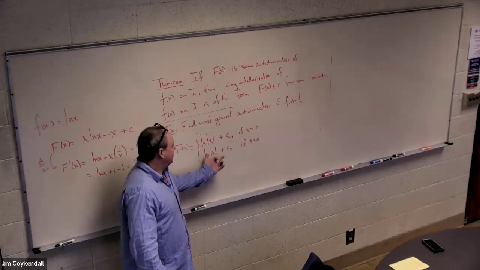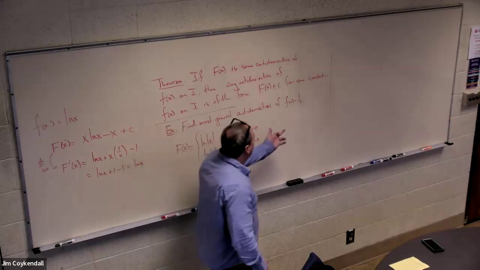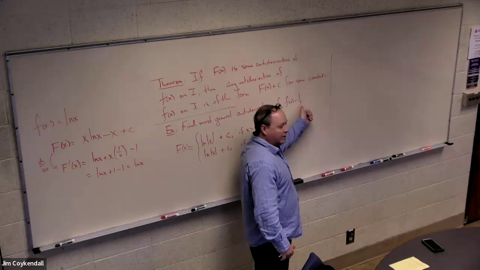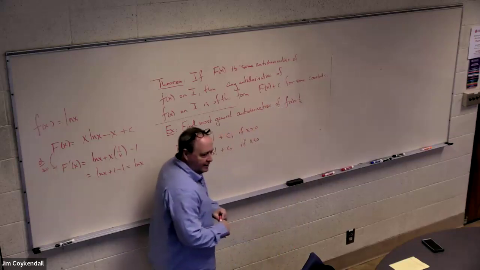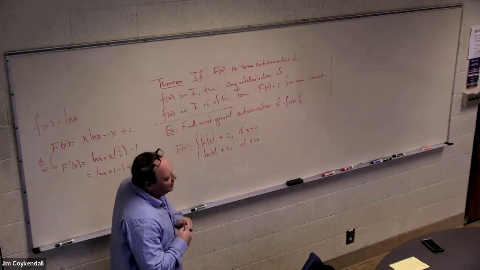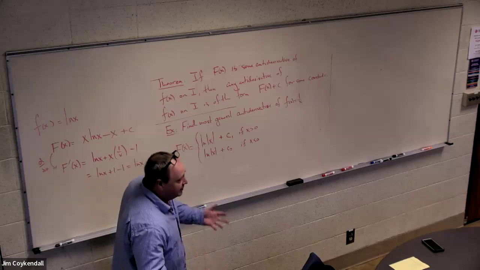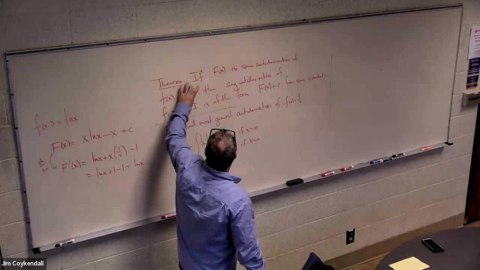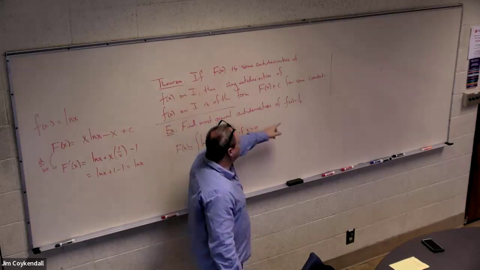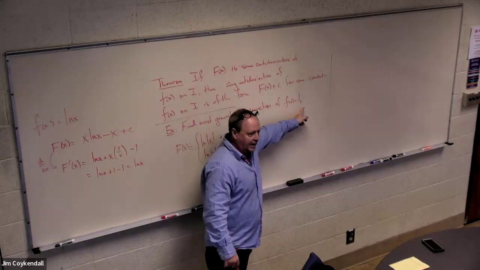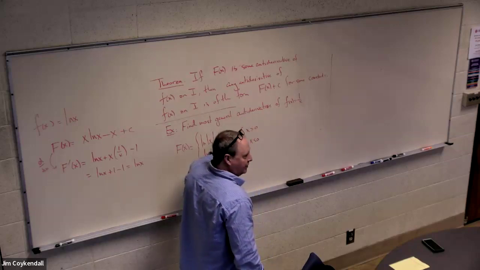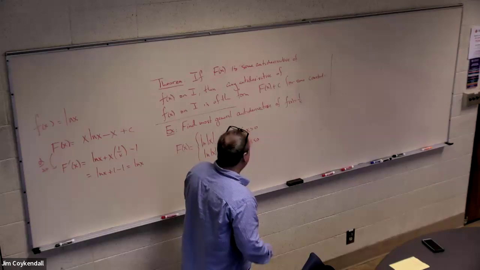Notice here, what's the domain of this function, 1/x? Well, it just has to not be zero, right? It can be positive or negative. And so notice in this theorem, you're on some interval I. When you look at the domain of this, it's got 0 ripped out of the middle of it, right? And so you could actually have one constant over here, a different constant on the other side.